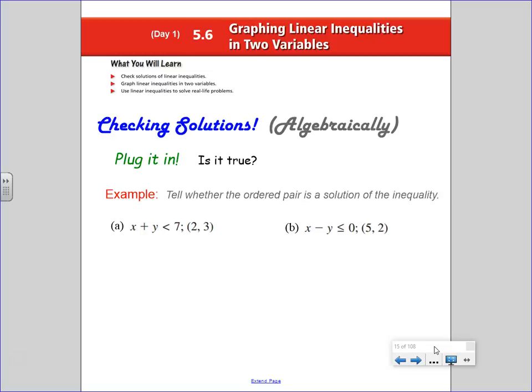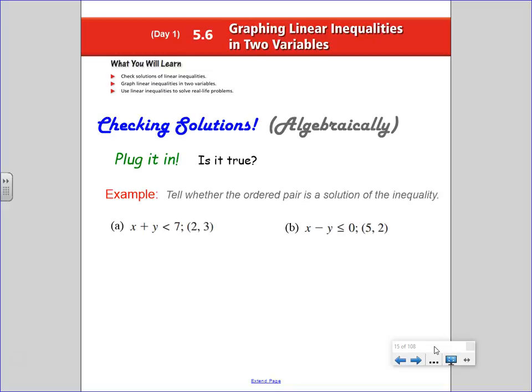Okay? 5-6. What do you notice in the title? Graphing linear inequalities. Inequalities, which is why we were reviewing greater than, less than, greater than or equal to, less than or equal to at the beginning of class. But what do you notice is different with each of these, A and B? How many variables? 2. How many variables were in the easy warm-up ones? 1. Okay. But wait, read the directions.